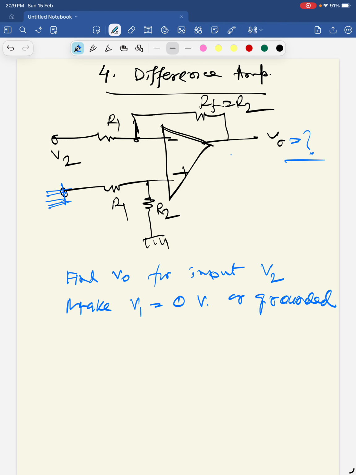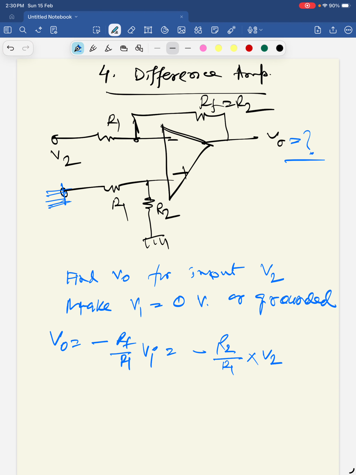So now it completely behaves as an inverting amplifier. So in that case, what should be the output voltage? Minus RF by R1 into Vi, we know that. RF is here R2, so minus R2 by R1 into Vi, which means V2.